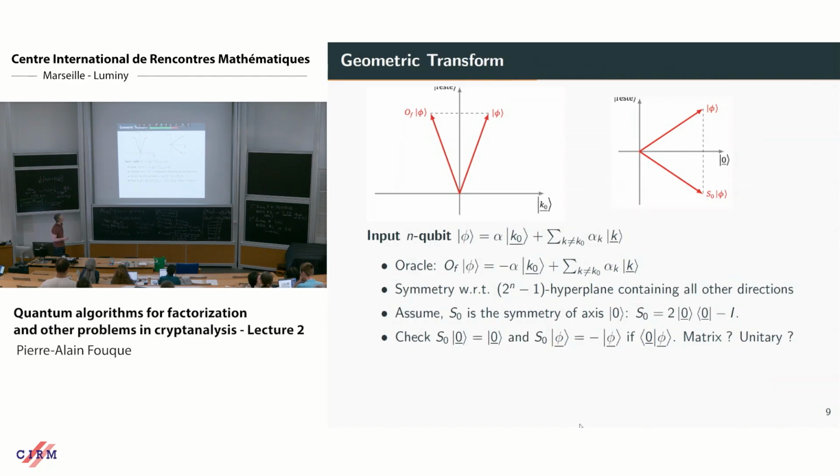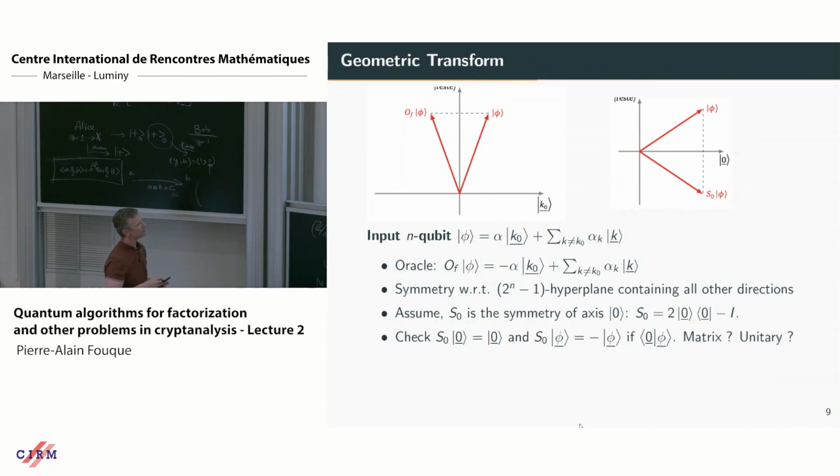The matrix of the symmetry by S0 is a very simple matrix. It's just these matrices. So you have 1 everywhere except for the value k0 here, where you have -1.